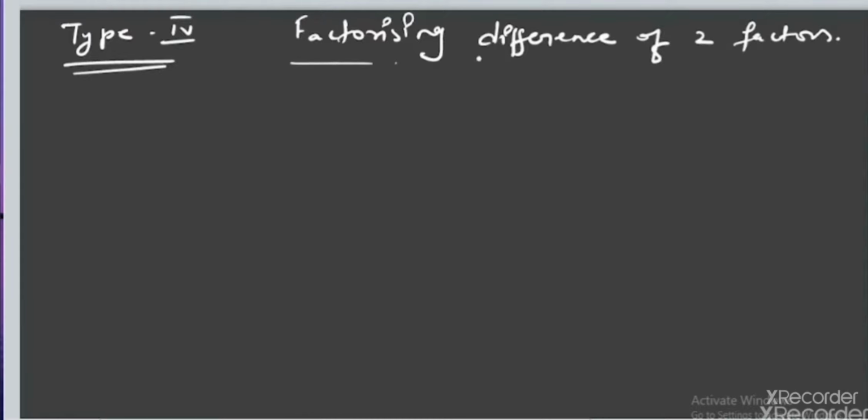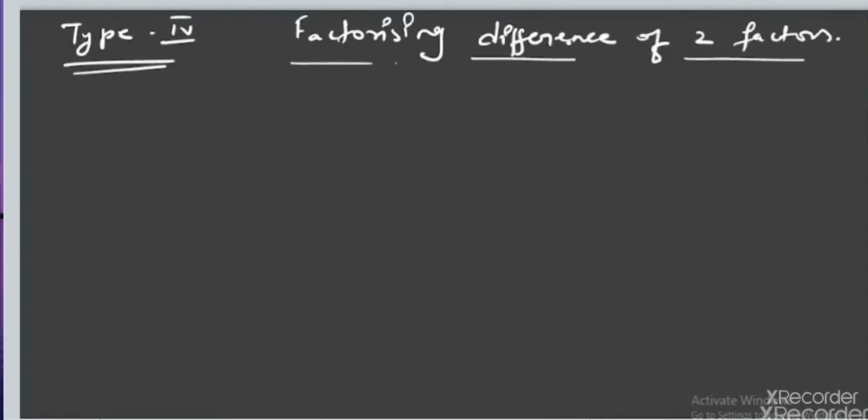So this is our new topic, new type, where we are going to study how to factorize the difference of two squares. Till now we have done the part related to our previous session. We have already practiced so much, and now we are going to start with this session.